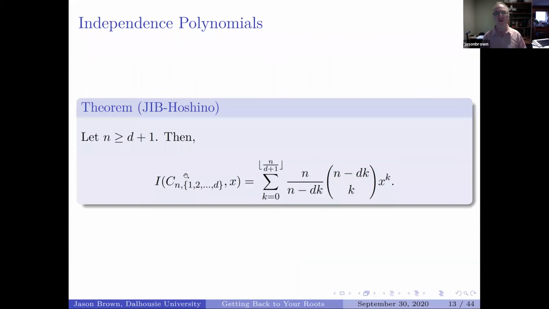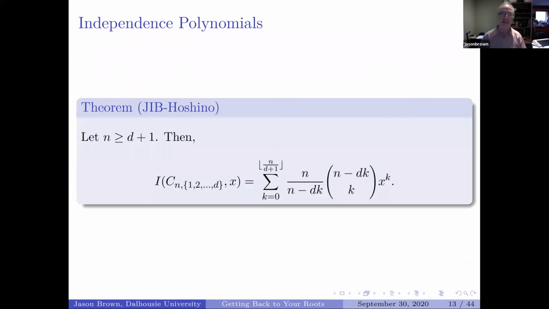So myself and my ex-student Richard Hashino proved the following. We wanted to look at these graphs and see if we could find a formula for the independence polynomials of these graphs. So as long as n is at least d plus 1, then we found a formula.